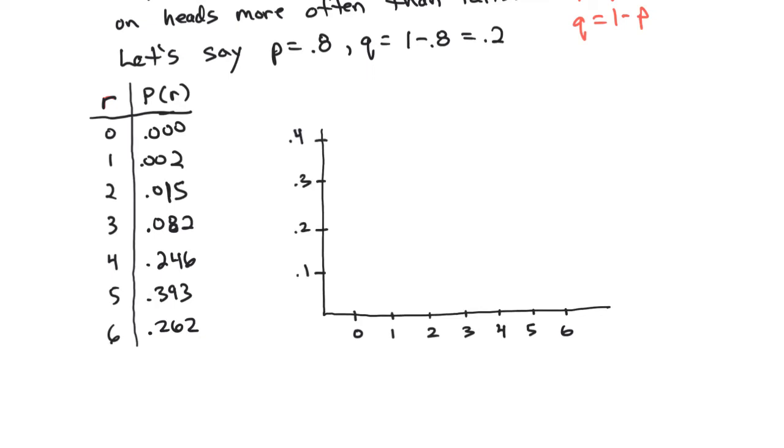Then I'm going to fill in some information because we always want to label each axis, right? So we've got the horizontal axis, the vertical axis. And again, this will be the number of heads. And sometimes people will put R here or X. And then if they do that, then they'll also put something on the vertical axis.